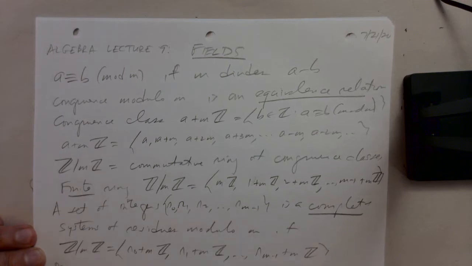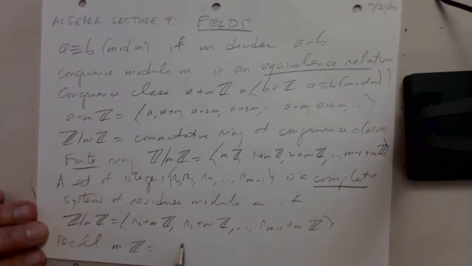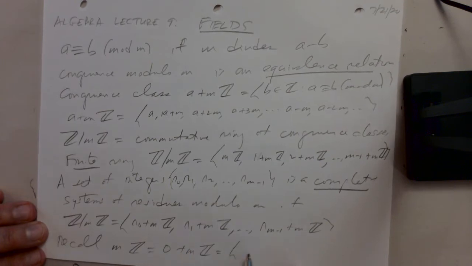And recall that mZ itself, which is the congruence class of 0, is just the set of all multiples of m.